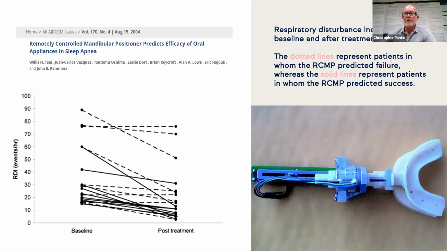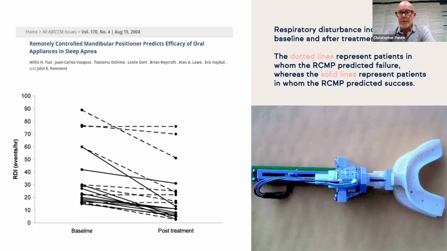The idea was they were put into a PSG, and you can see that it's remotely adjustable by all sorts of pneumatic means, and the mandible was protruded forward until they got an optimum reduction in the RDI, and of course, the RDI is sort of like the AHI, but with RERAs included.